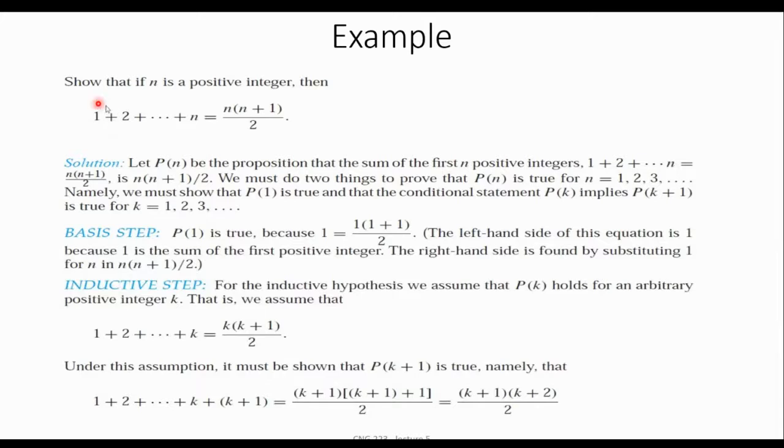It means the first term, the left side of the equation, is 1. What about the right side? On the right side, if you insert 1 instead of n, you will have 1 times 1 plus 1, which is 2 over 2, which is equal to 1. So this equation is true for the initial step.